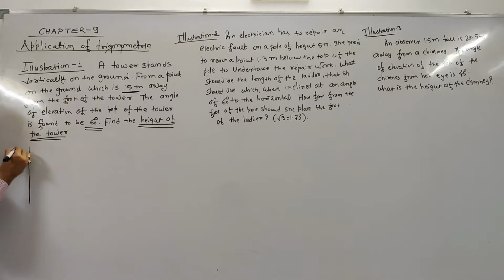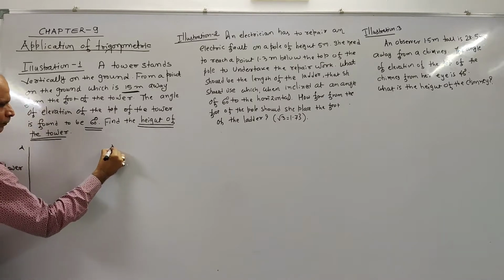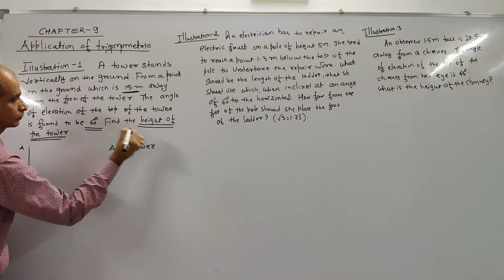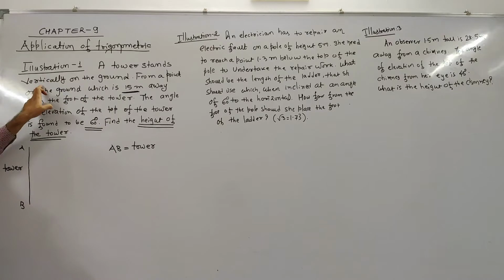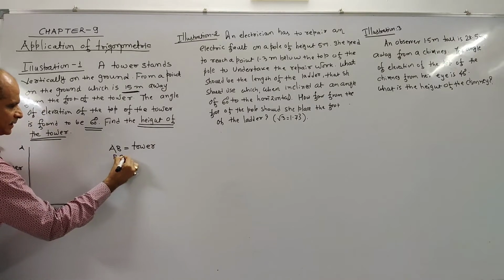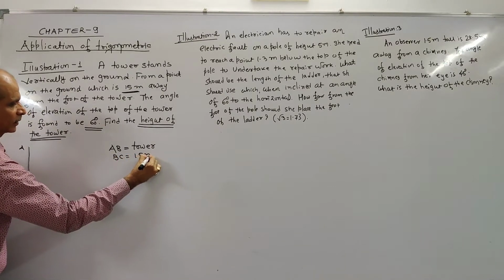A tower stands vertically on the ground. So let me assume AB is a tower. From a point on the ground, C is a point on the ground which is 15 meters away from the foot of the tower. So BC is equal to 15 meters.